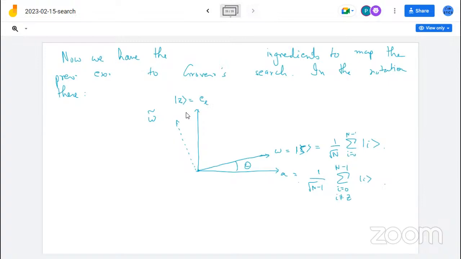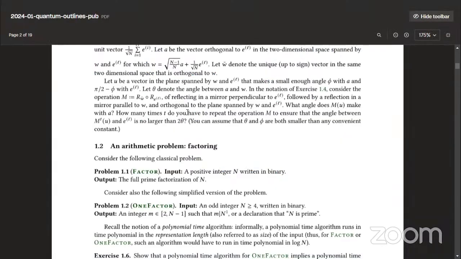So it changes... No, like W tilde. Like reflection along what are you referring to? So yeah, in the exercise it was... we don't care too much about the exercise, but this was this.